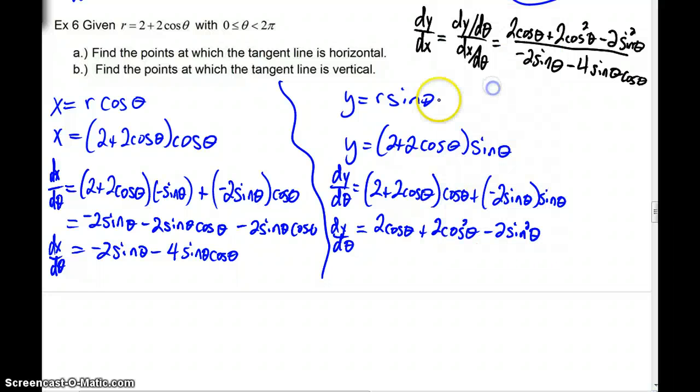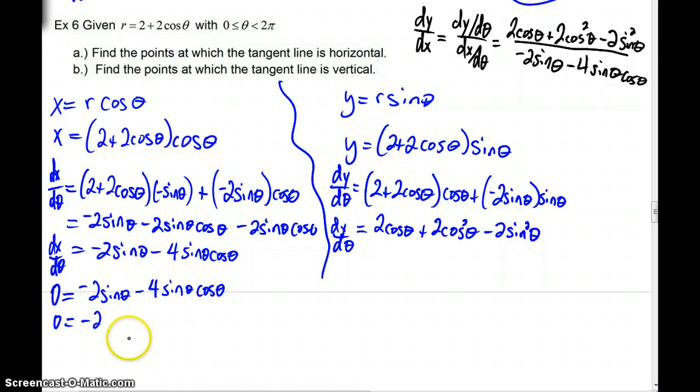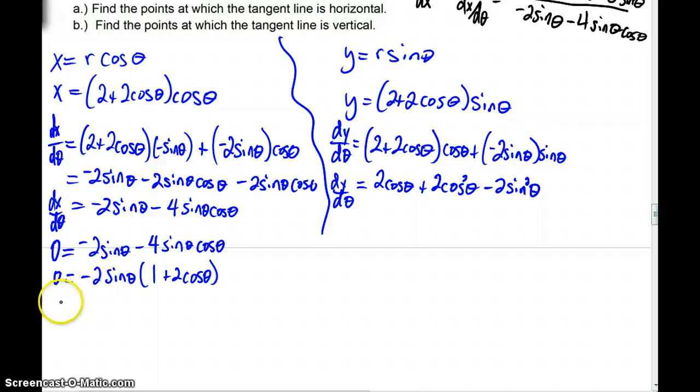So tell you what, let's just go to dx d theta and set that equal to 0 and solve this equation. And by the way, what we can do incredibly fast is factor out a negative 2 sine of theta. That's going to leave us with 1 plus 2 cosine of theta. Set both of these factors equal to 0.